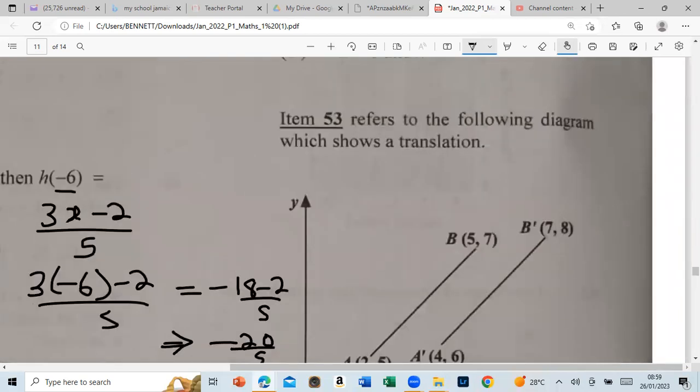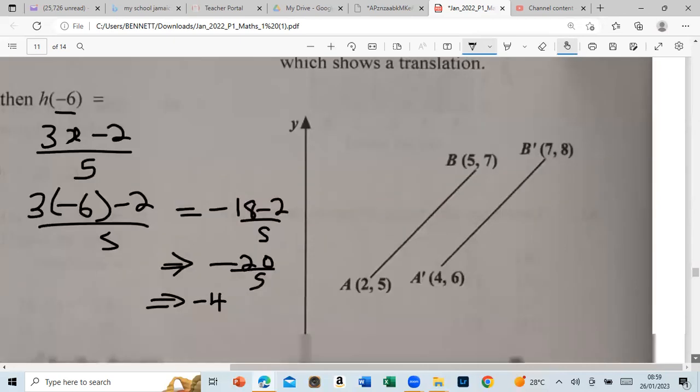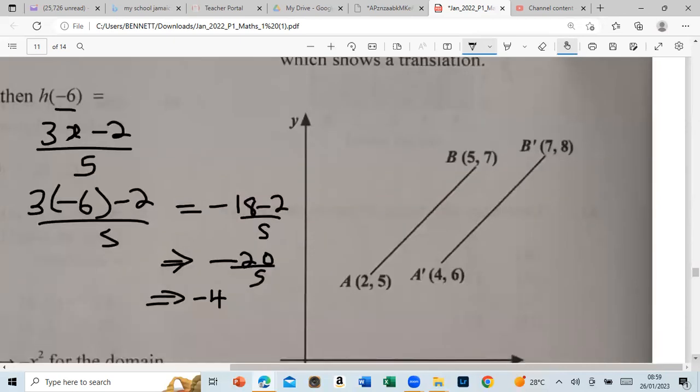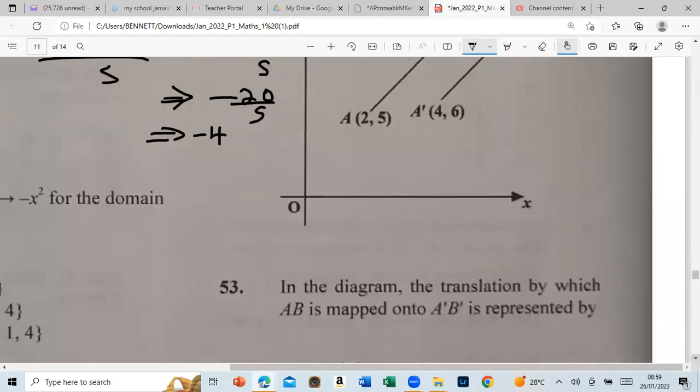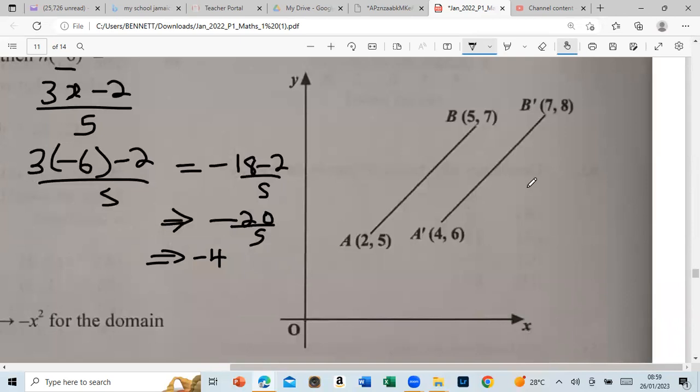Alright, this is a translation. I've seen this before. If you follow my channel, you would have seen this many times. It shows a translation. In the diagram, the translation by which AB is mapped onto A prime is presented by. So guys, all you're doing is saying, okay, you have this for A, let me do for A prime.